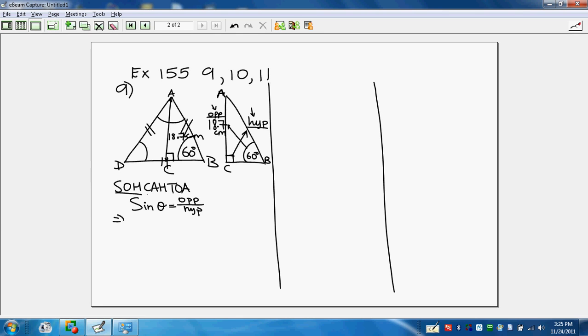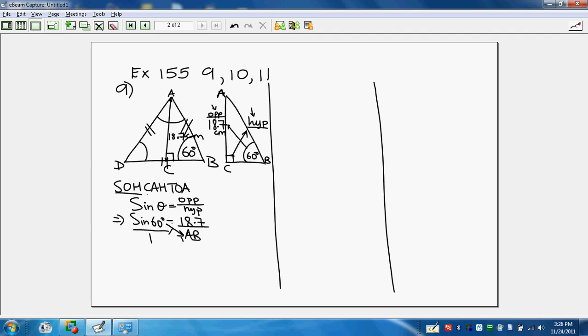So we could write that sine 60 degrees will be equal to opposite, which is 18.7, over hypotenuse, which is what we want to find, AB. Okay? So if we put sine 60 over 1 and we cross multiply, we will get that 18.7 by 1 will be equal to AB multiplied by sine 60.